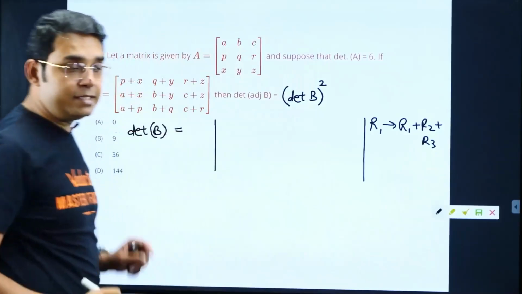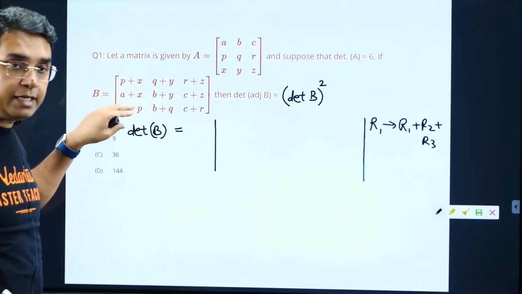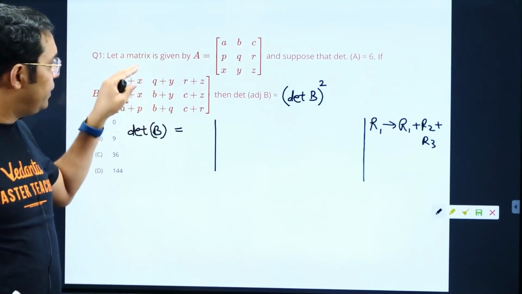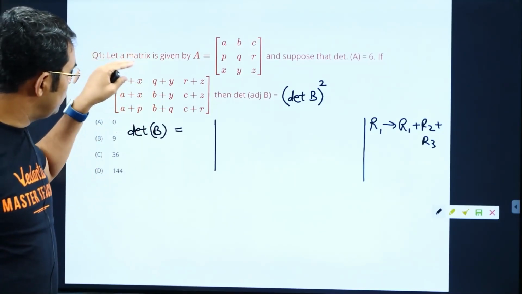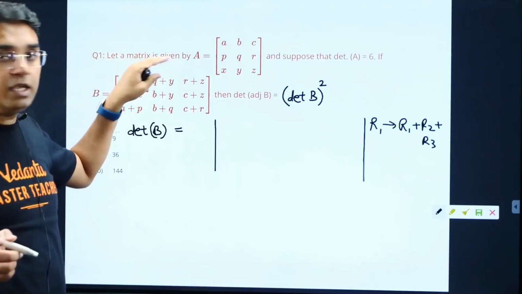By doing this you can see my first element here will be 2 times P plus 2 times X plus 2 times A. Here it will be 2Q plus 2B plus 2Y, and here it will be 2R plus 2C plus 2Z.